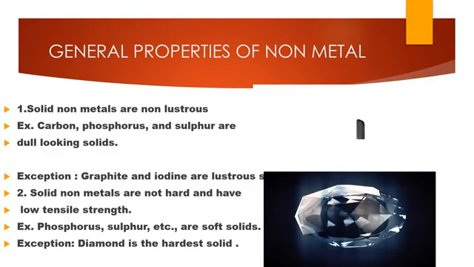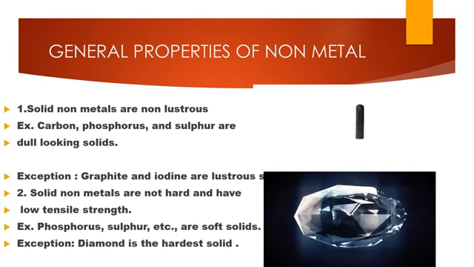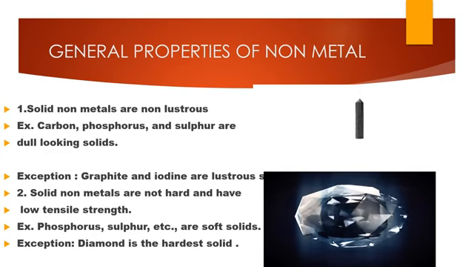Now we can discuss briefly the general properties of non-metals. Solid non-metals are non-lustrous. Lustrous means shiny, while metals look shiny, non-metals don't look shiny. Examples: carbon, phosphorus and sulfur.